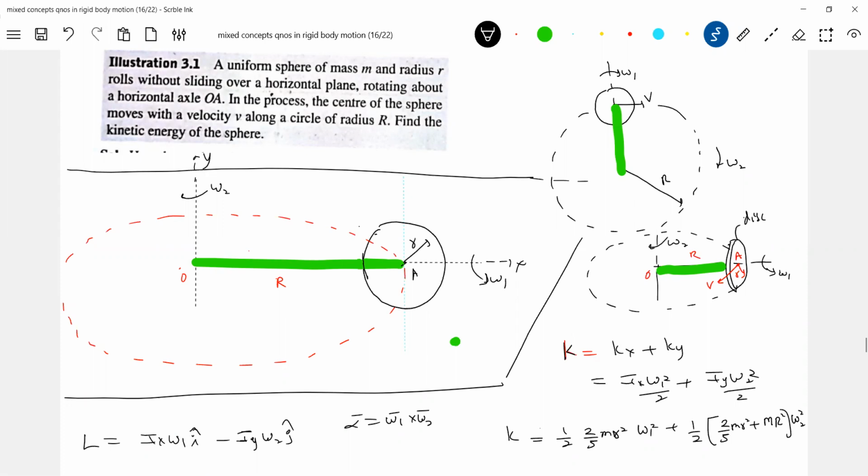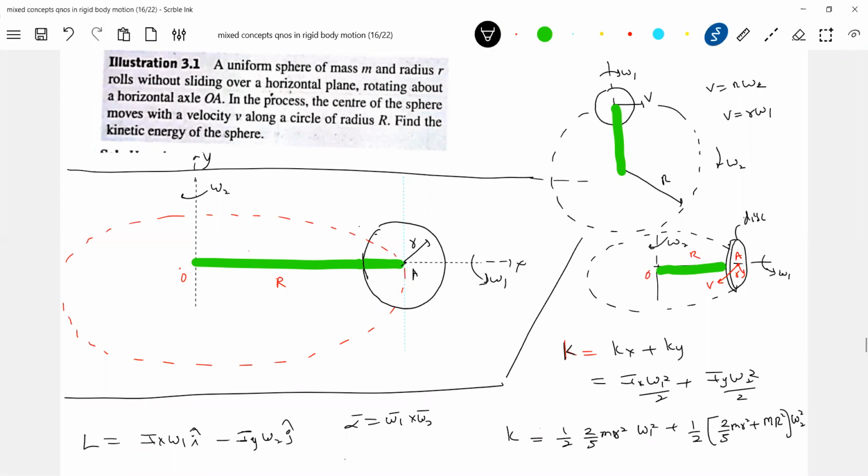If you see this, v equal to r omega 2, v equal to r omega 1. If you want, you can bring alpha, similar to what we did in the earlier problem. This alpha is due to the change in direction of motion, because omega 1 and omega 2 are constant. He didn't ask for omega 1 and omega 2, only v is given, so we have to replace omega 1 and omega 2.